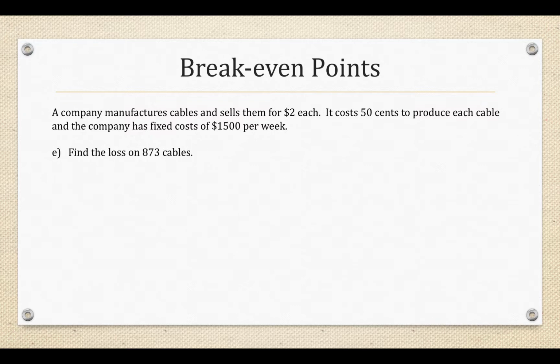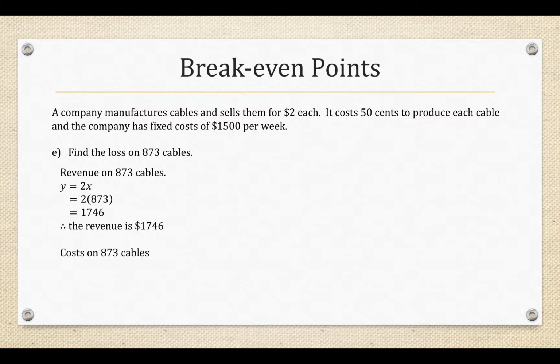Now we're asked to find the loss on 873 cables. Again, we find the revenue. So substituting 873 into y equals 2x, we get 2 times 873, which gives us 1,746. So the revenue is $1,746.